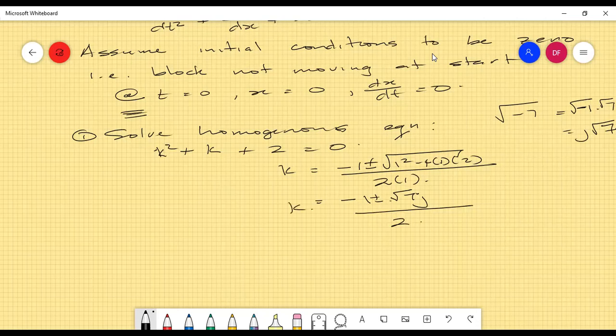So therefore, how did we say we write this equation now? x is equal to the real part. Let me write it like this, minus a half plus or minus root 7j over 2. So what would we write as our solution if the roots of our equation are complex?